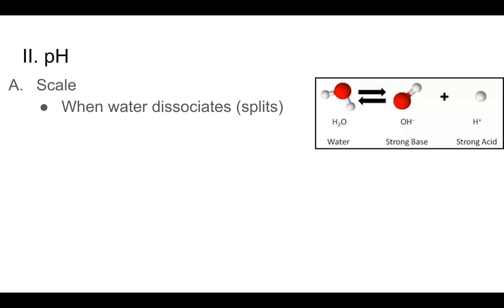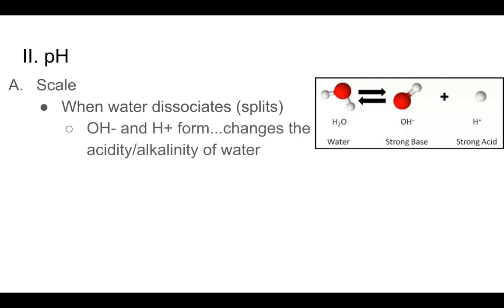So we talk about pH because when water disassociates or splits apart, it creates these ions. So this OH, the oxygen with one hydrogen attached to it, is called a hydroxide ion. And then the remaining H, now carrying a positive charge because it lost an electron, is just called a hydrogen ion.